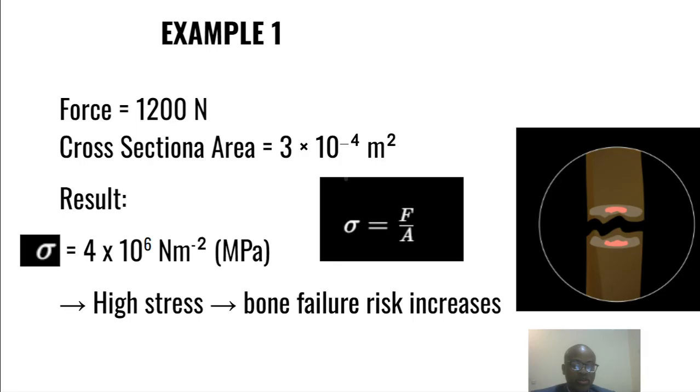And then you see the result there, the stress. That's quite a high stress. That's 4 times 10 raised to power 6 newtons per meter squared. Because of the high stress, the bone was fractured.